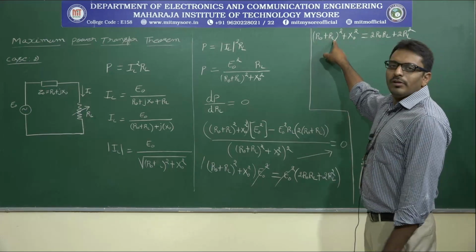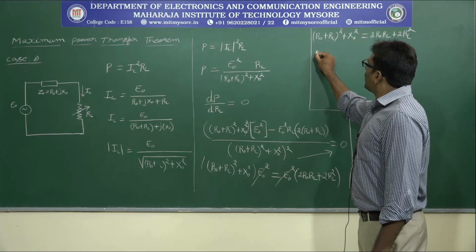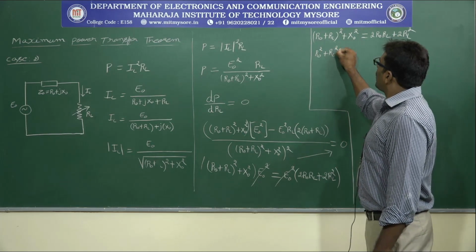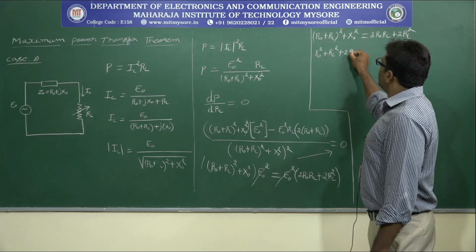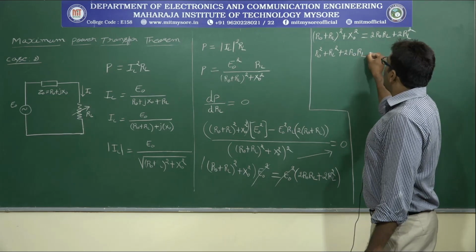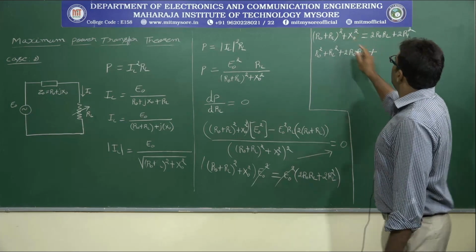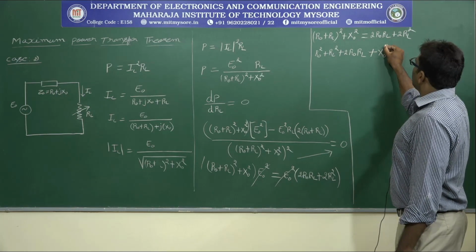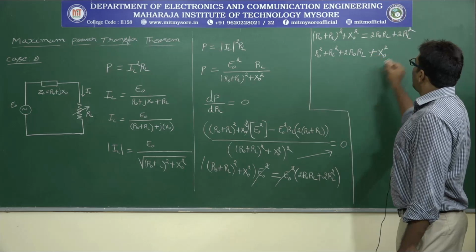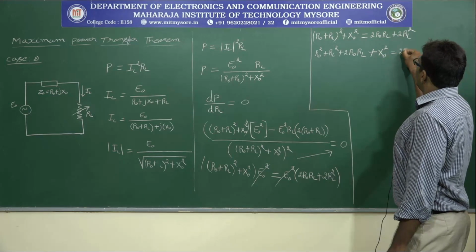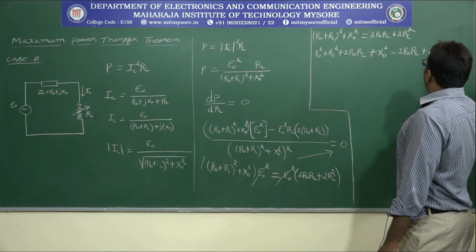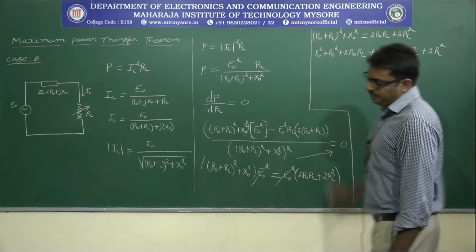Now, what is (A plus B) whole square? Again, R0 square plus RL square plus 2 R0 RL plus X0 square, that is equal to 2 R0 RL plus 2 RL square.